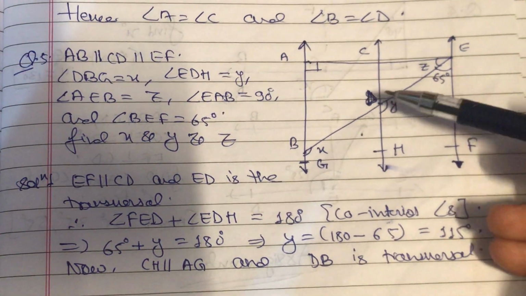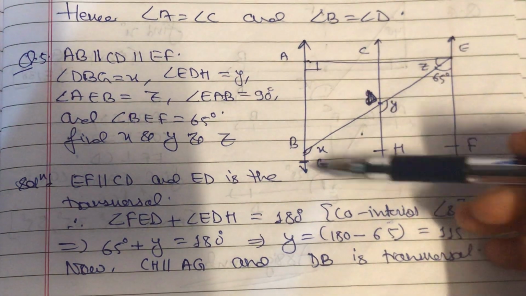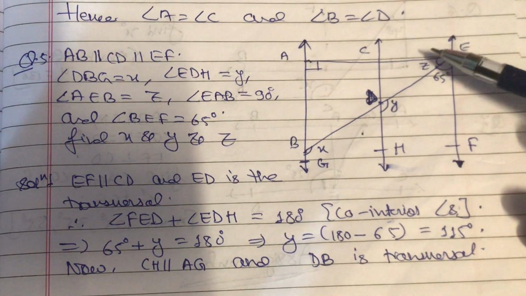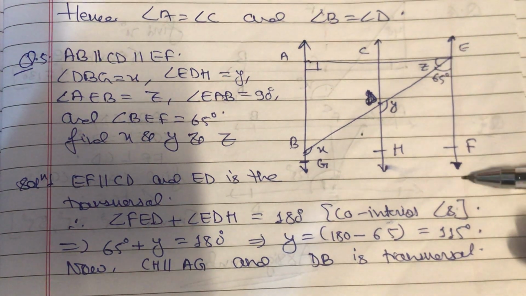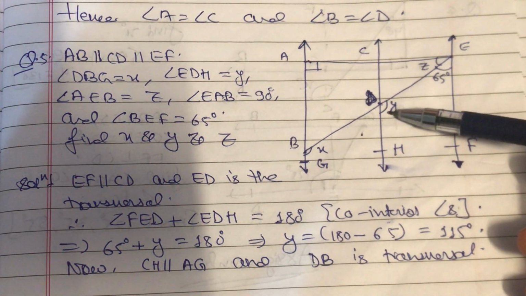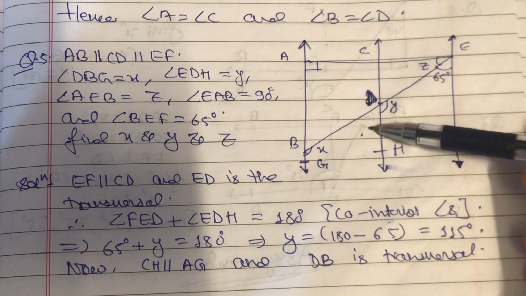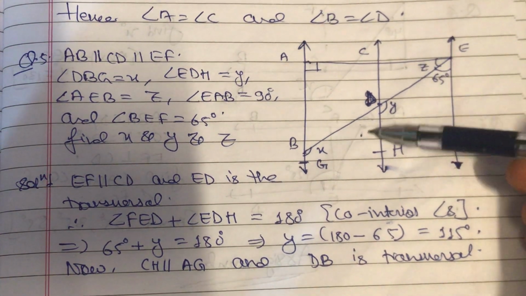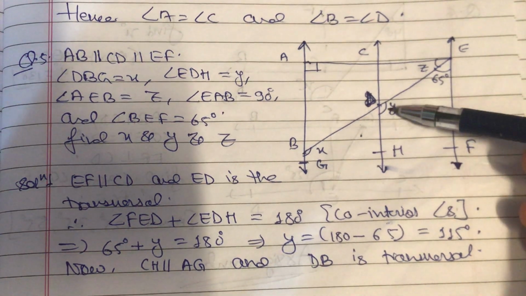Now, the next question: over here, it is given that AB is parallel to your CD. This is my CD and this CD is parallel to EF. All the angles are given. I have to find the value of X, Y and Z. Okay. Now, EF is parallel to CD, and if ED is the transversal, then I can say that angle FED plus angle EDH, that is Y, is equal to 180.